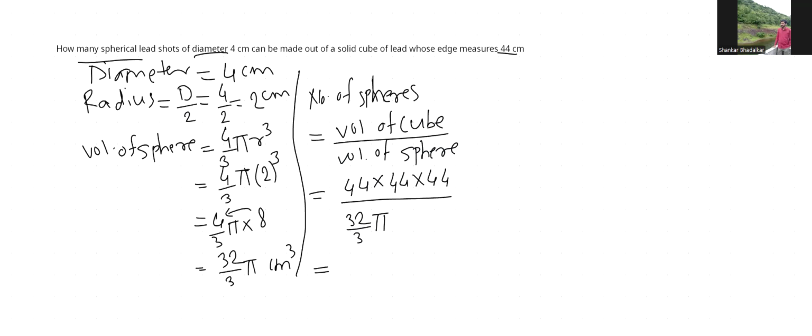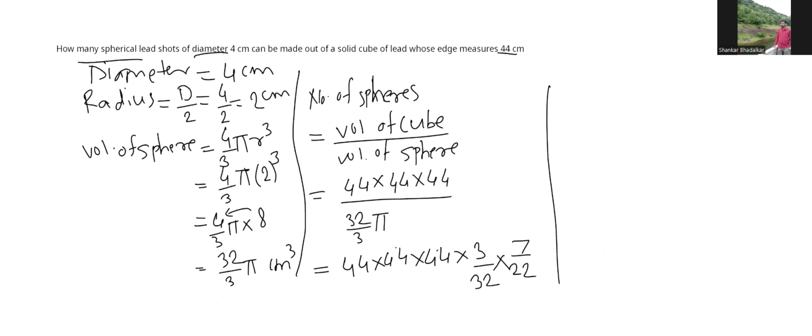So 44 into 44 into 44 is equal to 32 by 3 will become 3 by 32, and pi value is 22 by 7, so it will become 7 by 22. Now if we solve this, 22 1 is 21, 22 2 is 44.